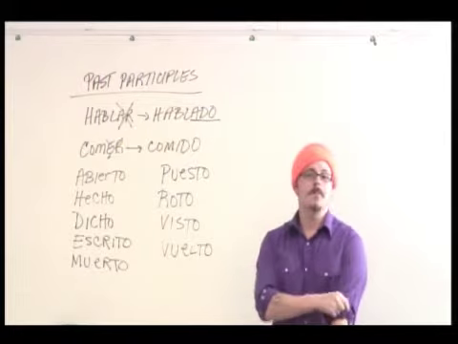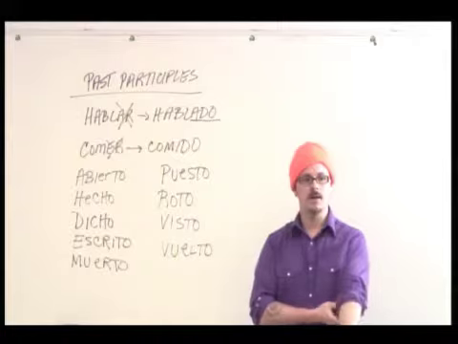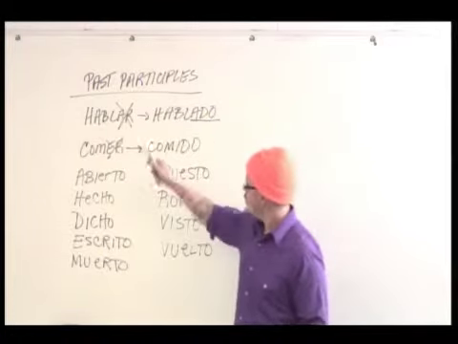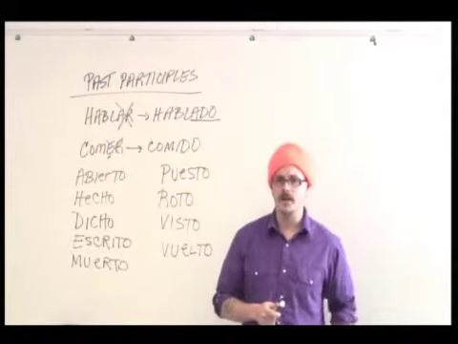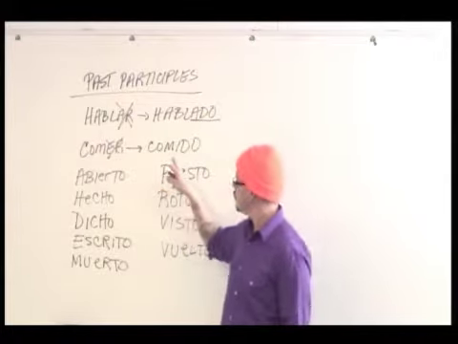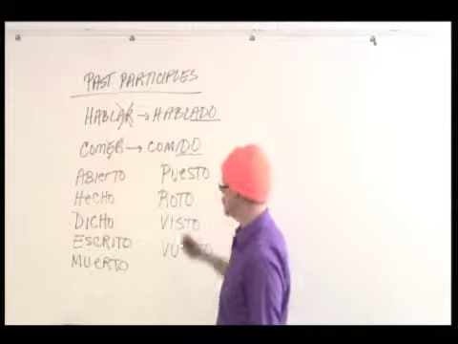So if you can think, bailar would be bailado. Cantar would be cantado. Comer is a stand-in for any ER or IR verb. So for an ER or IR verb, we'll simply take off the ER or the IR and add IDO.